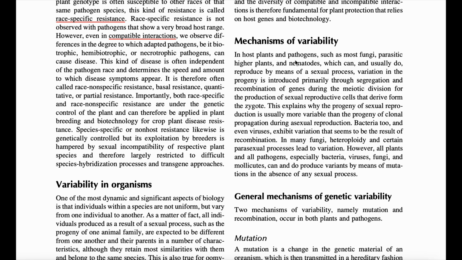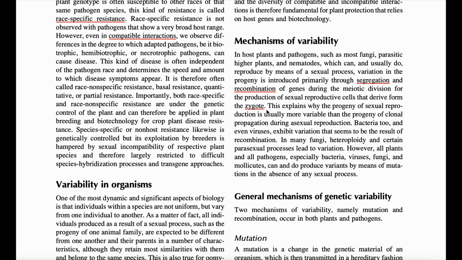In host plants and pathogens such as most fungi, parasitic higher plants and nematodes, which can and usually do reproduce by means of sexual process, variation in the progeny is introduced primarily through segregation and recombination of genes during the meiotic division for the production of sexual reproduction cells that derive from the zygote.